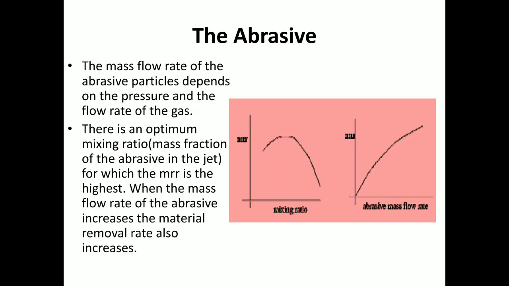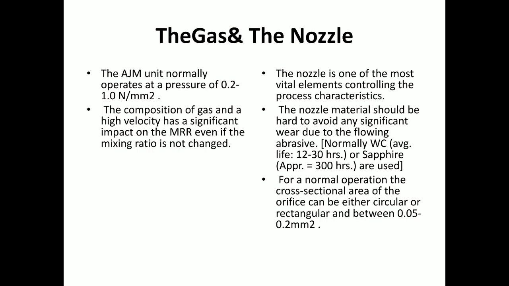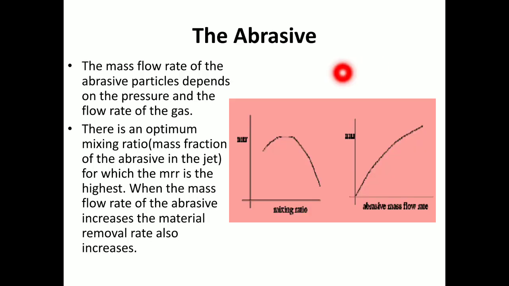Now here you can see the effect of abrasives on MRR. This is MRR on the Y scale. If MRR is affected, the process will be affected. The mass flow rate of the abrasive particles depends on the pressure and the flow rate of the gas.